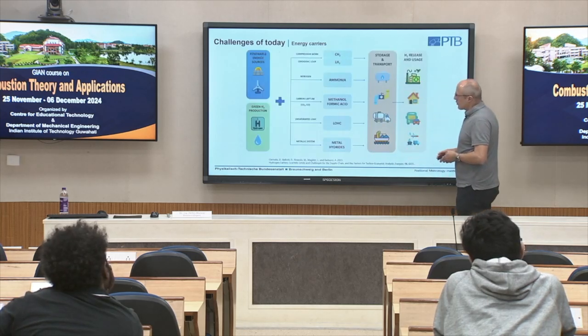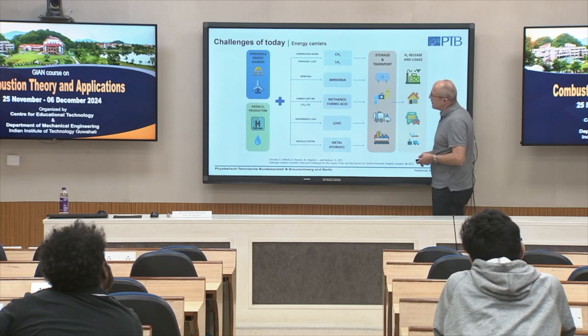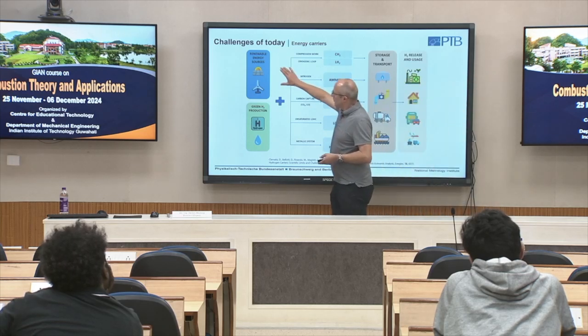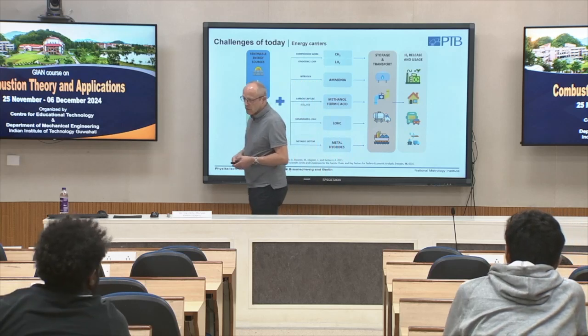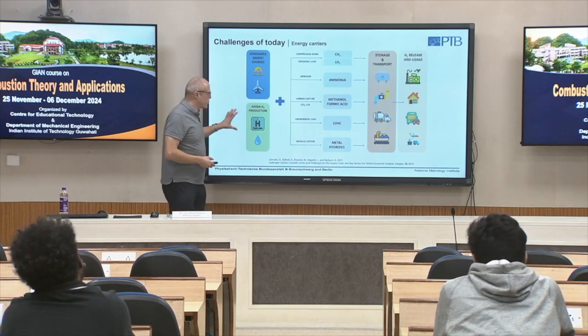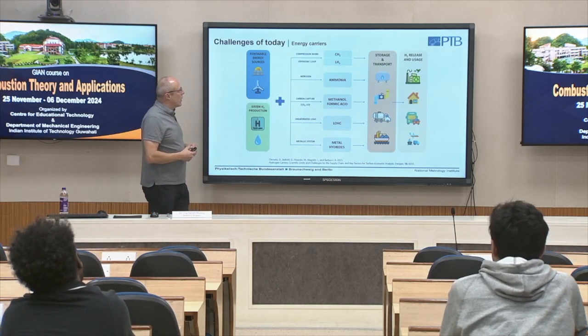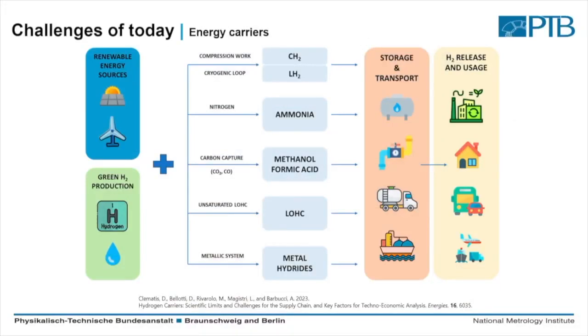So, and this is a typical image we see. Okay, we have our electrical energy from renewable sources. With this, we then produce green hydrogen. We can either compress it or liquefy it for transportation, with a lot of disadvantages, energy losses, and so on.